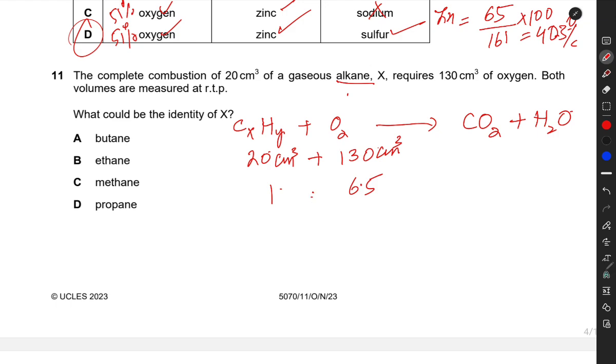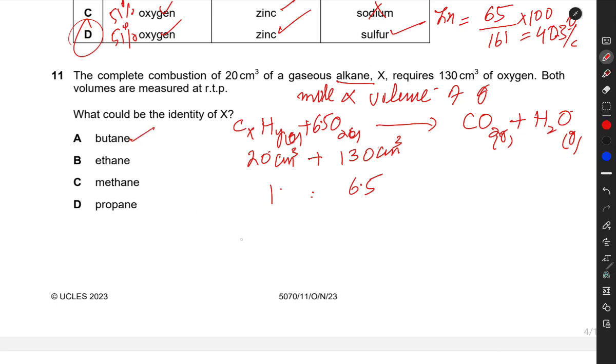We know, I have already discussed, that if the substances in chemical equations are in gaseous states, mole is directly proportional to volume of gas. So 20 centimeter cube is equal to 1 mole, and 130 centimeter cube is equal to 6.5 moles. And the first compound is C4H10.